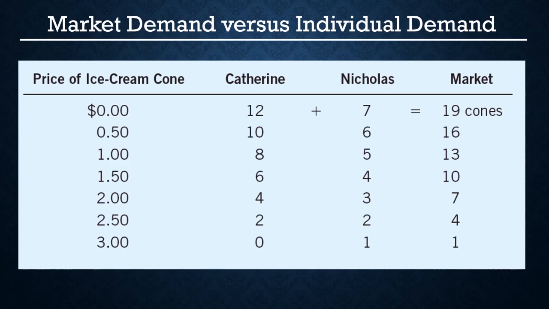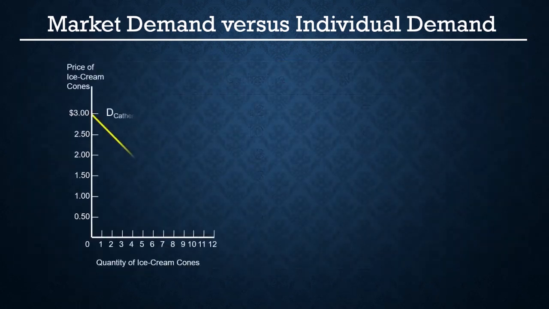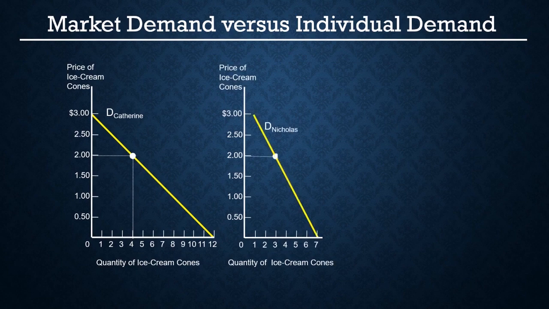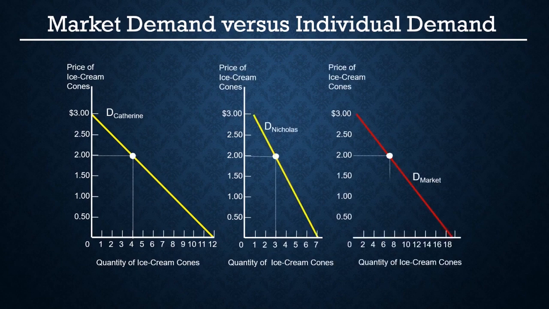The quantity demanded in the market at this price is 7 cones. The information can easily be represented in a graph. Here is Catherine's demand for ice cream, and here is Nicholas's demand, and here is their sum.